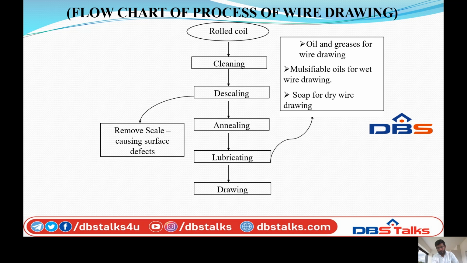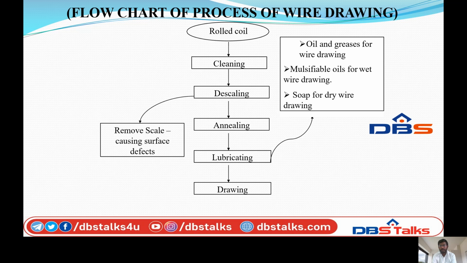So the flow chart of the processing of wire drawing is, first you collect the rolled coil, then cleaning the rolled coil, and finally descaling. Descaling means removing scale that causes surface defects.